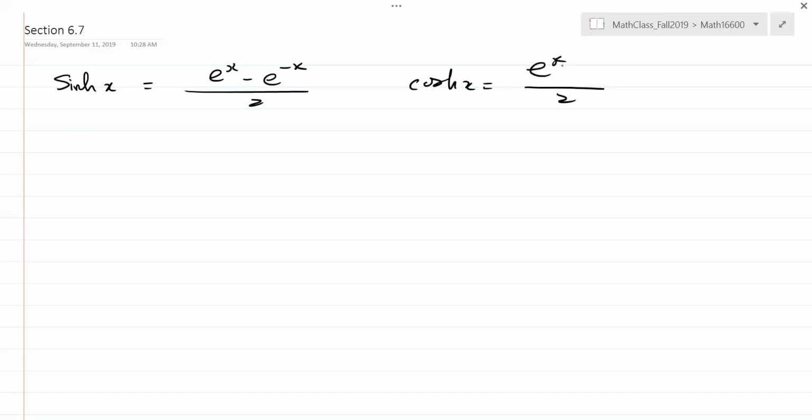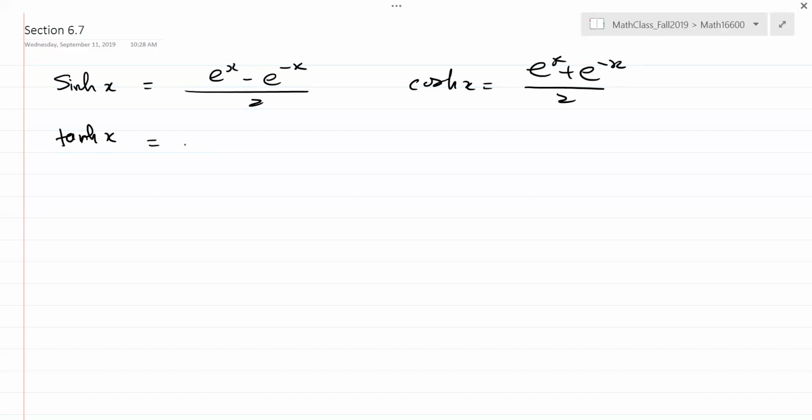And here you get the sum of that for hyperbolic cosine. So you probably don't need to introduce new functions, but in some problems we find that's convenient, and so you can use that.